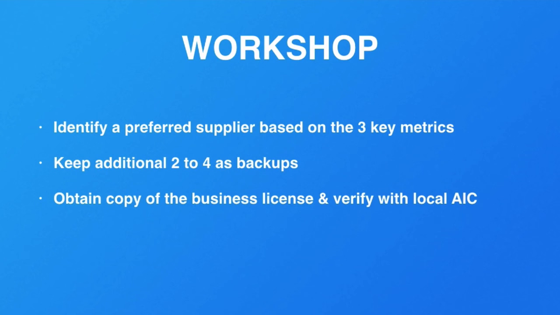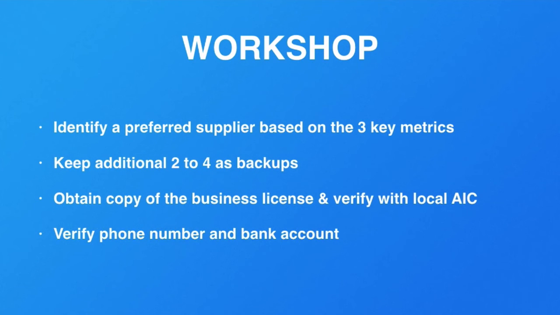Now you want to talk to them, obtain a copy of their business license, and start verifying with the local AIC. For the local AIC, you might need to find somebody in China. You can do it through Upwork, or if you have a friend, to contact the local AIC office, and we'll go into that later. Also, call them. Make sure the phone numbers are valid and check on their bank account.